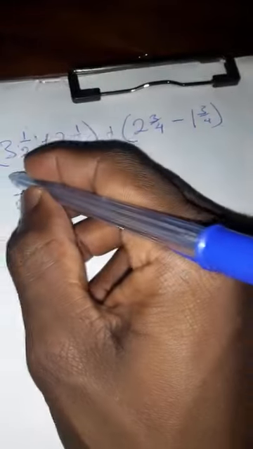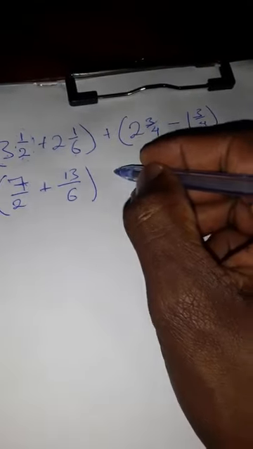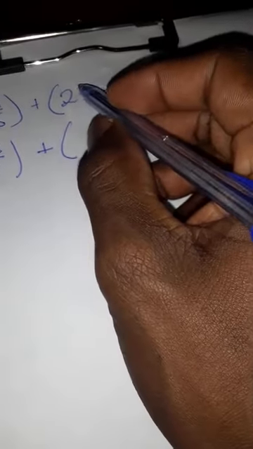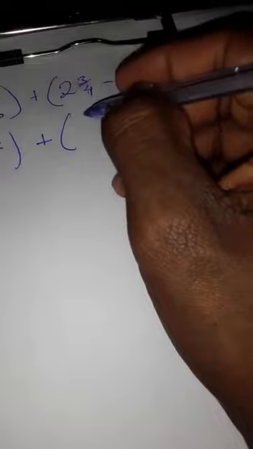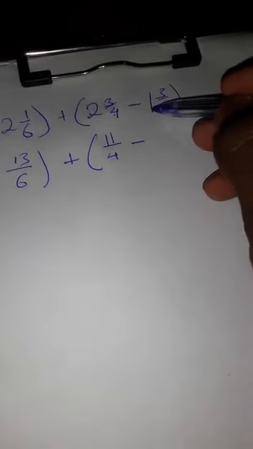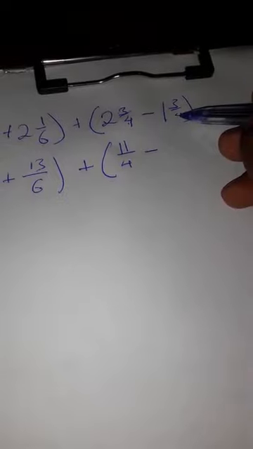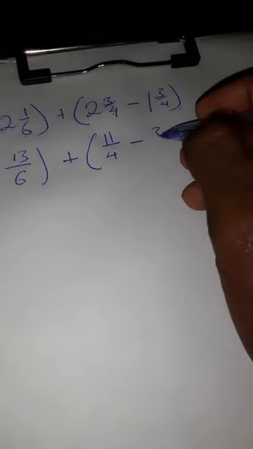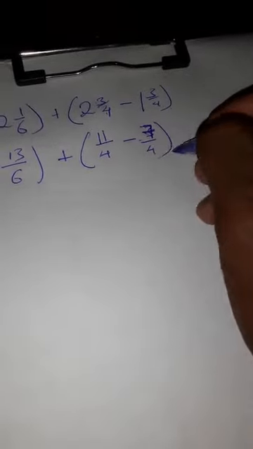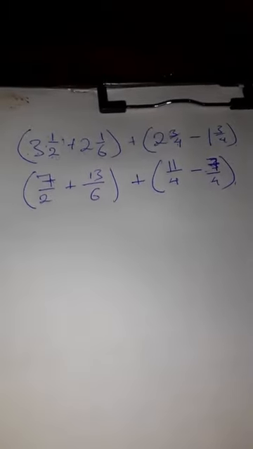Then that one in brackets: we have plus 2 times 4, that's 8. 8 plus 3, that's 11 out of 4, minus 1 times 4, that's 4 plus 3, that's 7 out of 4. The first step there is done.